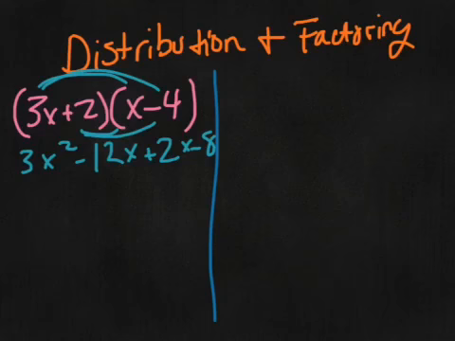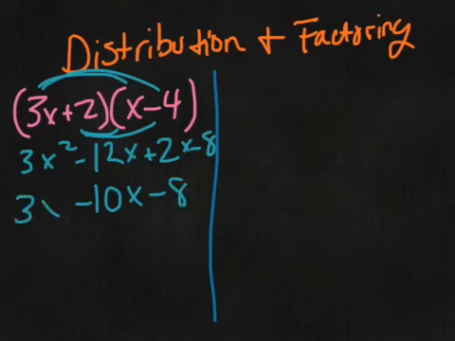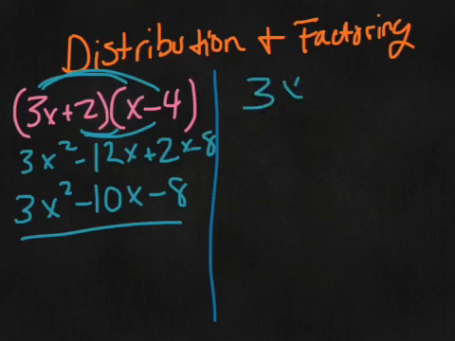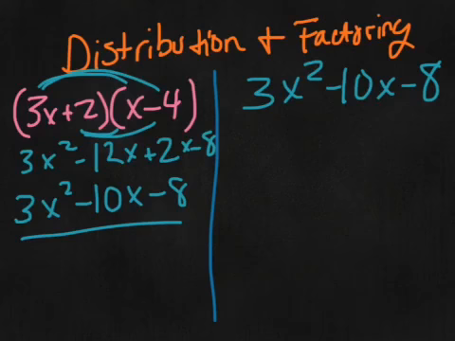Now, we combine our like terms. We have a couple like terms here. Negative 12x plus 2x is negative 10x. And then we have our minus 8, and we bring down the 3x squared. What I want to do now is take this polynomial and look at the process of factoring, and if we do it right, we will end up with the same thing that we started with over here.